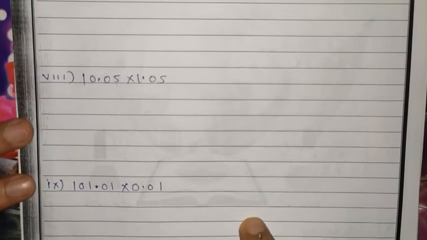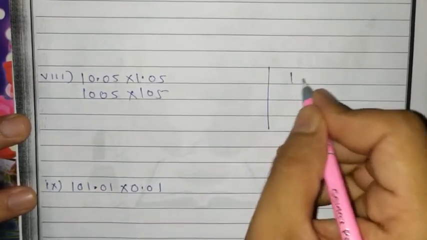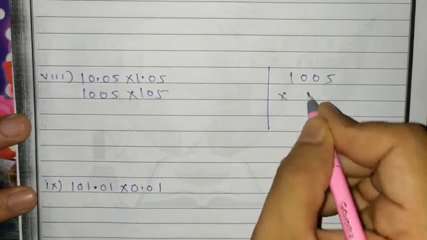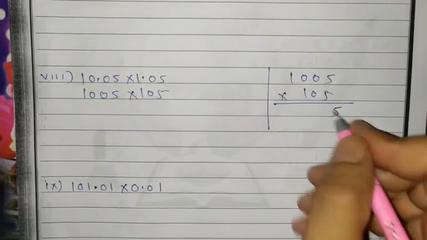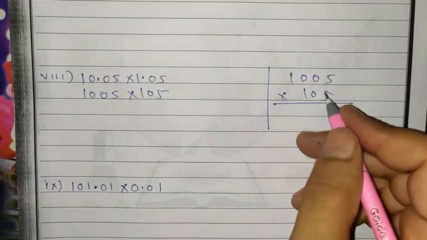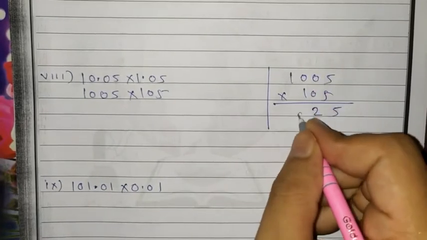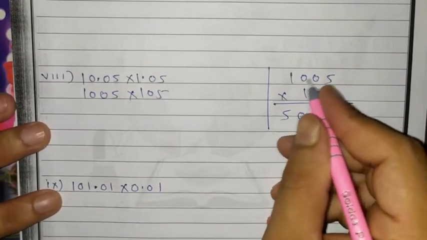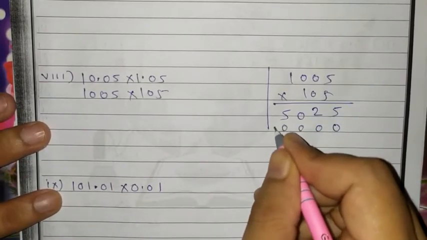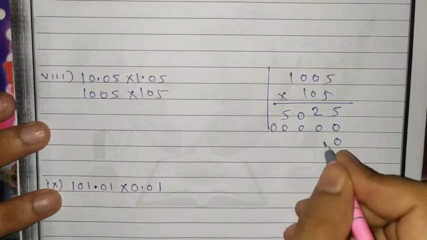And for the next one, you write the number as it is without the decimal point. So here the numbers are bigger, so do the multiplication. 5 into 5 is 25, 2 carry, 5 into 0 is 0, 2 write as it is, here 0, 5 into 1 is 5. Next one is 0, so 1 2 3 4, write as it is, avoiding confusion.